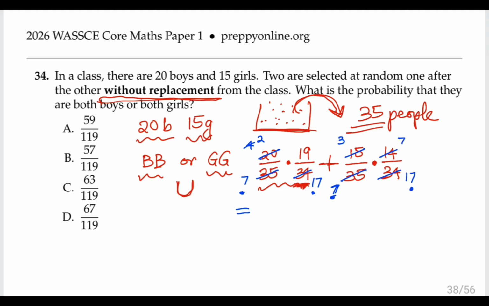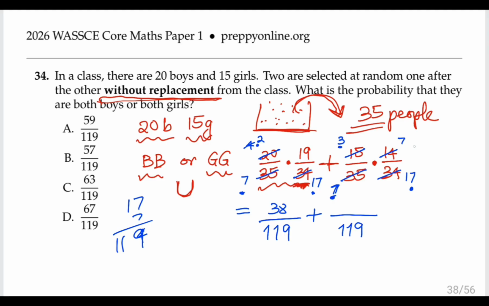So now let's see what we get. We now have 2 times 19, which is 38, over 7 times 17. What is 7 times 17? 7 times 7 is 49, plus the 70, so 119. And then we have another 7 times 17, also 119.